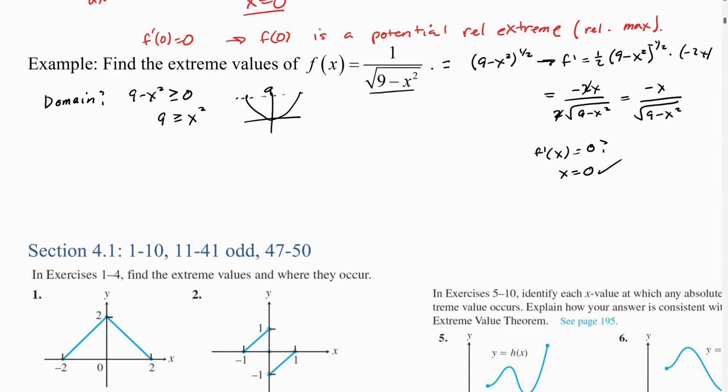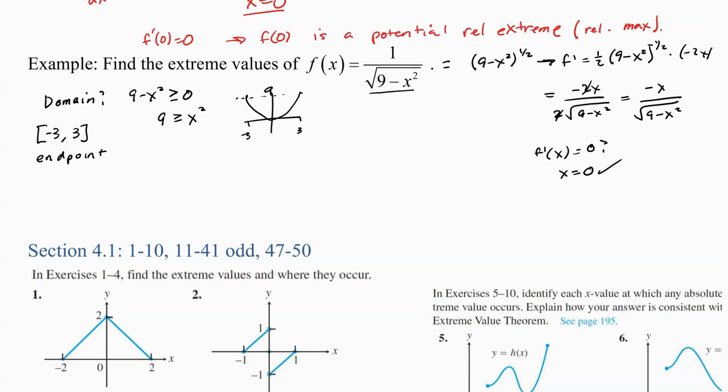Where's the area in which the curve is less than 9? Between -3 and +3. So the domain of this function is from closed -3 to closed +3, which means those are endpoints. And those are also potential places of maximum and minimum behavior.